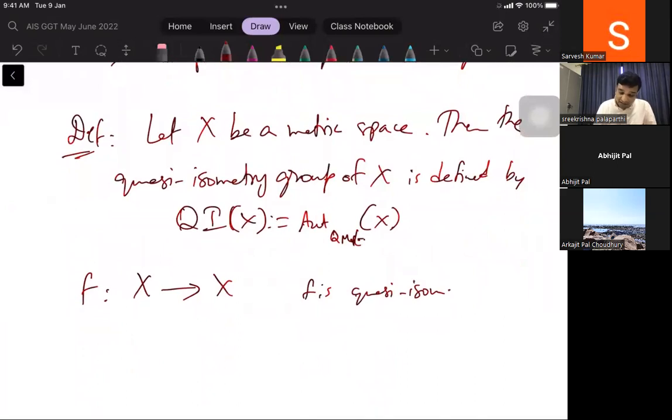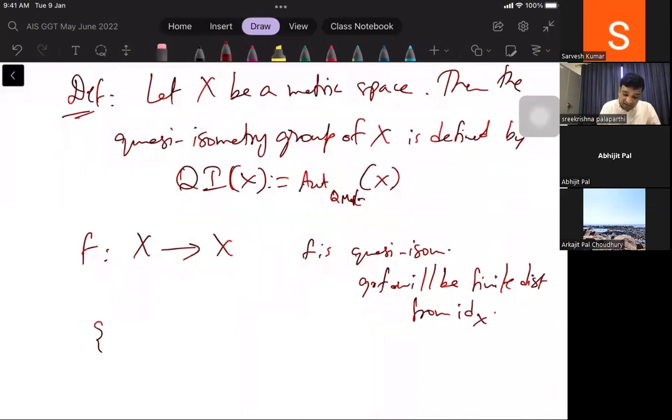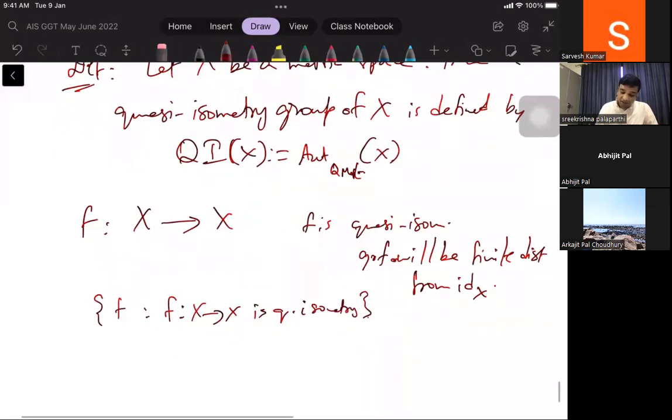Okay, and then if F is a quasi isometry, it will have a quasi inverse G. So G composed with F will be at finite distance from identity of X. So what you can do is take the collection of all F such that F from X to X is a quasi isometry, and then quotient these by the equivalence relation tilde.